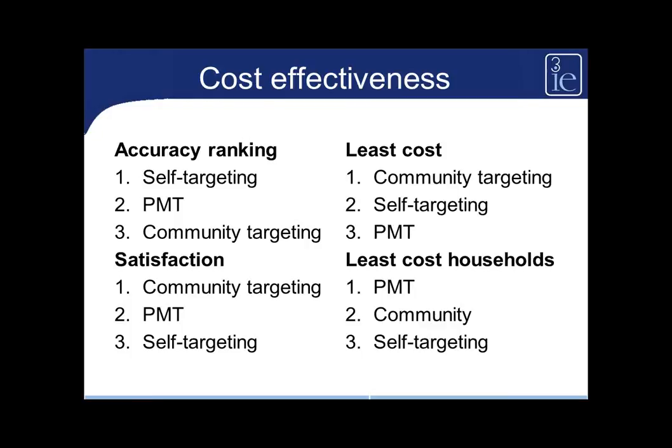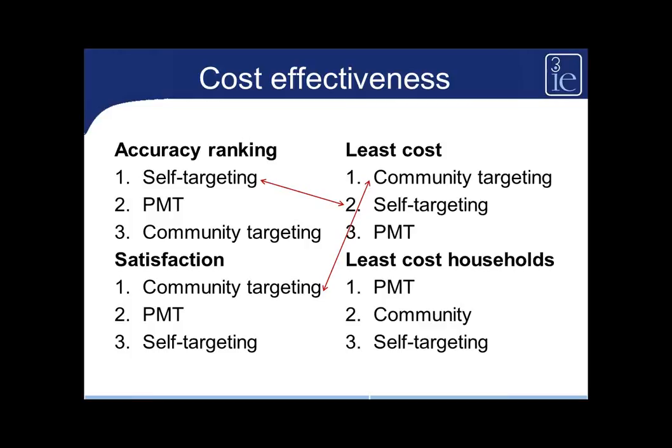So how might we analyze this information? Part of what this example shows is that even though the whole point is to quantify and monetize and create ratios and so on, that doesn't mean that the policy implications are going to pop out entirely clearly. Some people might look at this and say, look, self-targeting is more accurate and it's second least cost, so that's looking pretty good.